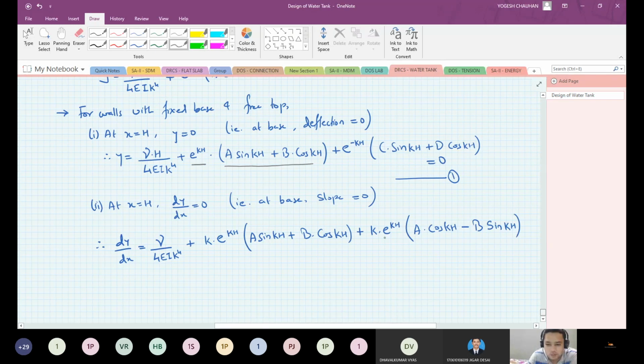So it will be e raised to the power kh, and when differentiating a sin kh, it becomes a cos kh into k, because k is a constant, minus b sin kh, again into k, because the derivative of cos is minus sine. Keeping k common and taking it out, it will be k times e raised to the power kh.